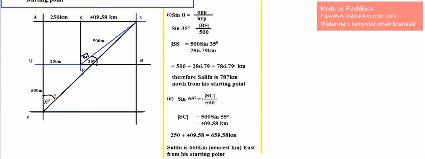I have one more question to solve and I'll leave you. I am looking for this angle. I know this side AS, the full length here, 659.58. Then AP is 786.79. This is the opposite, this is the adjacent.